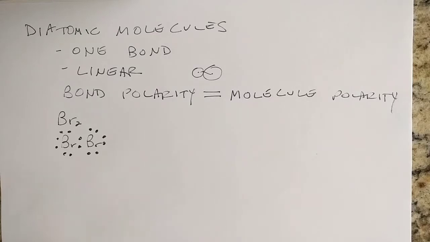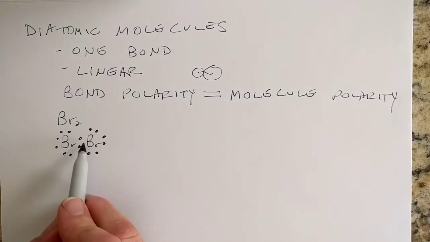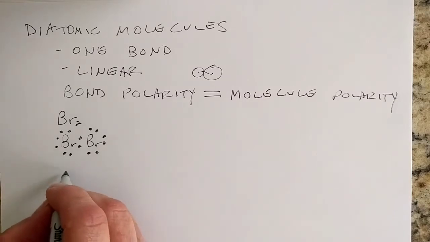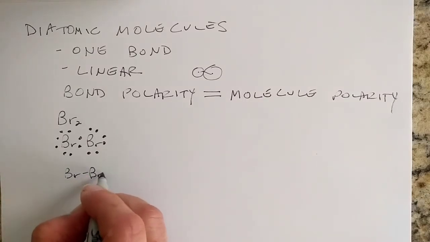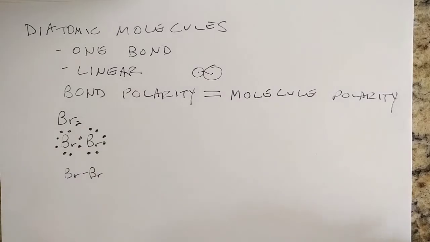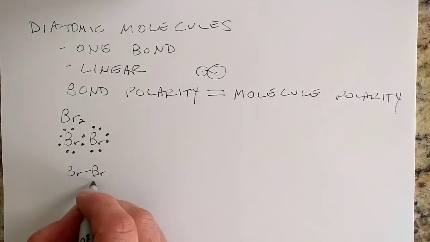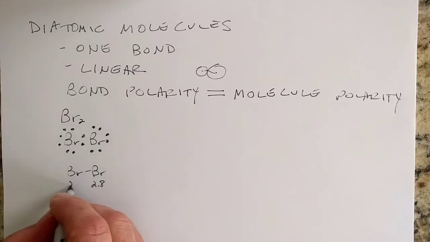And there's our Lewis structure. And these bonding electrons are being shared equally. If we look at the bromine bond in terms of electronegativities, consulting the chart, bromine has a value of 2.8.